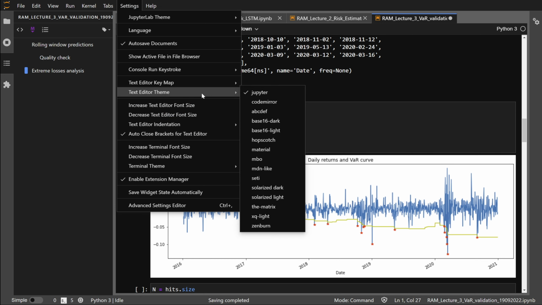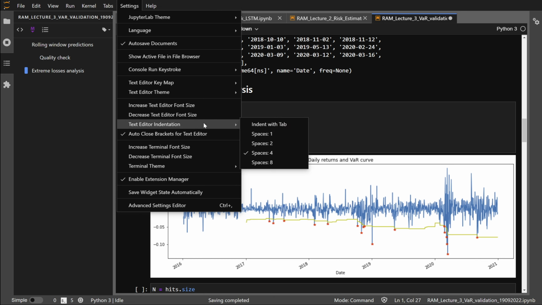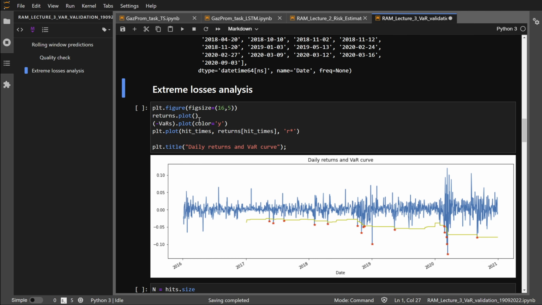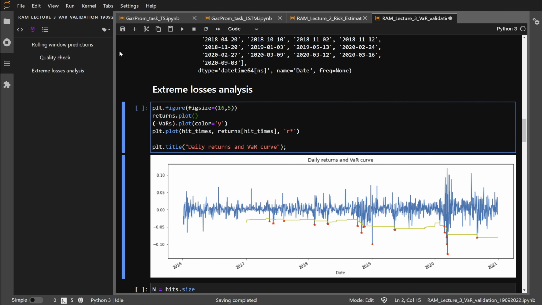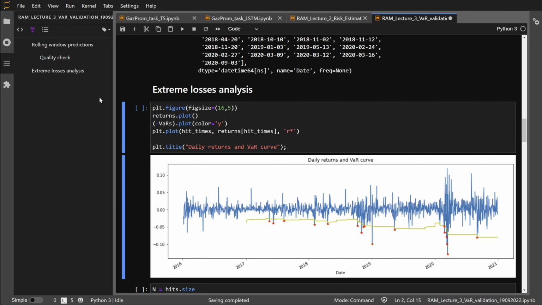Now we understand that there are 106 observations. So this is the length of this series. And let's calculate how many events of hitting VAR we actually observe. And the answer is 17.